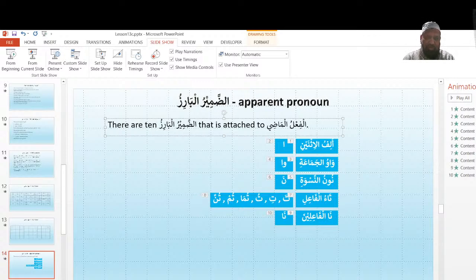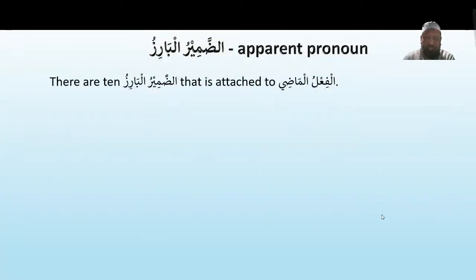So if we take damir mustatir out, damir al-bariz will be 10. That is attached to al-fi'l al-madi. So these ad-damir al-bariz are only attached to a fi'l madi.